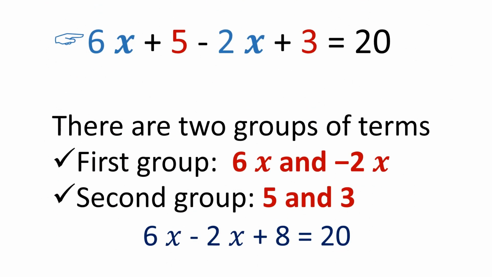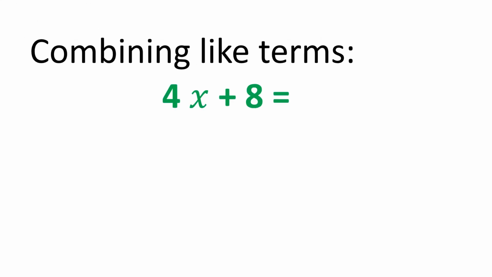There are two groups of like terms. First group is 6x and minus 2x. And second group, 5 and 3. 6x minus 2x plus 8 equals 20. After rearranging and performing the operation we get 4x plus 8 equals 20.